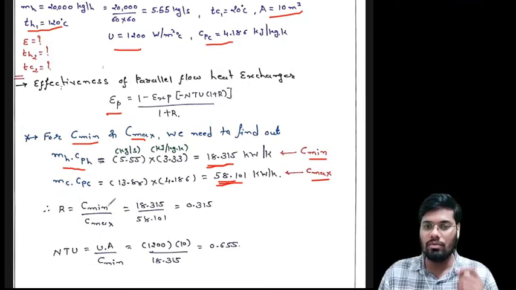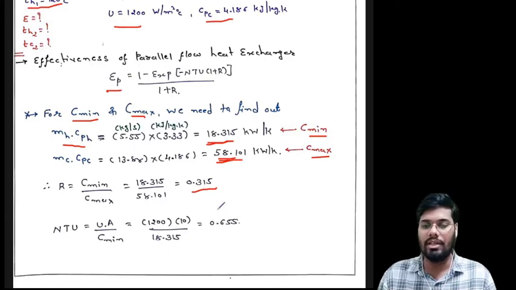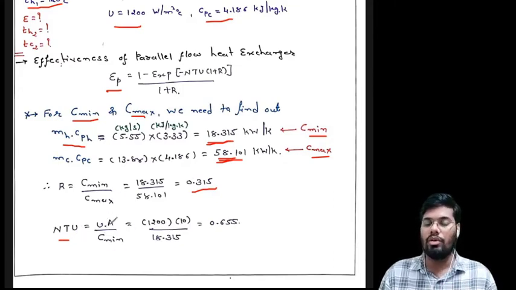So how to find out value of R? R is equal to, we know that it is a ratio of heat capacity, so C min by C max. So by putting these 2 values we can easily find out value of R, which is unitless of course. Now this is also a dimensionless parameter, NTU, UA by C minimum. U is already given in question, overall heat transfer coefficient.